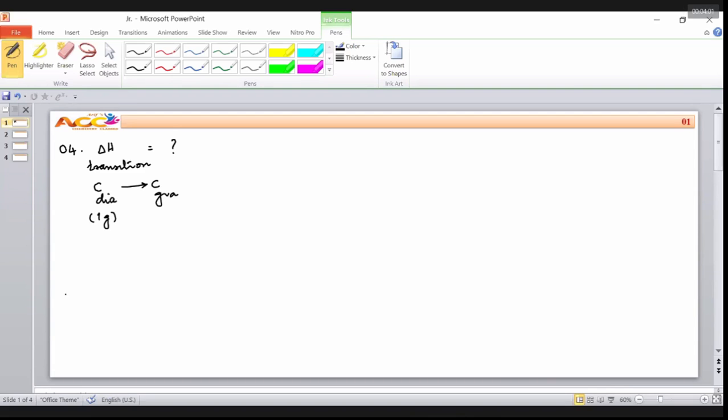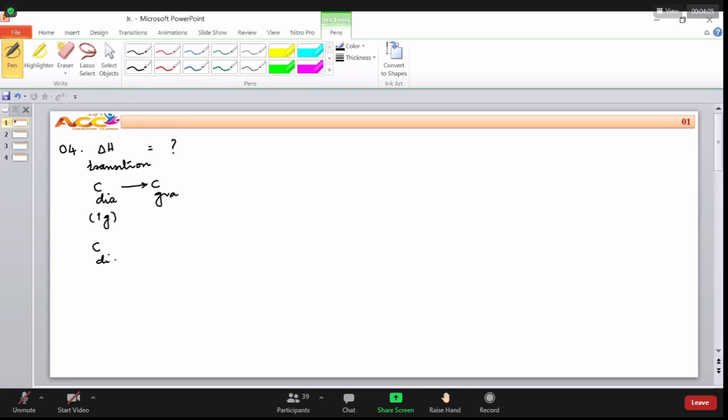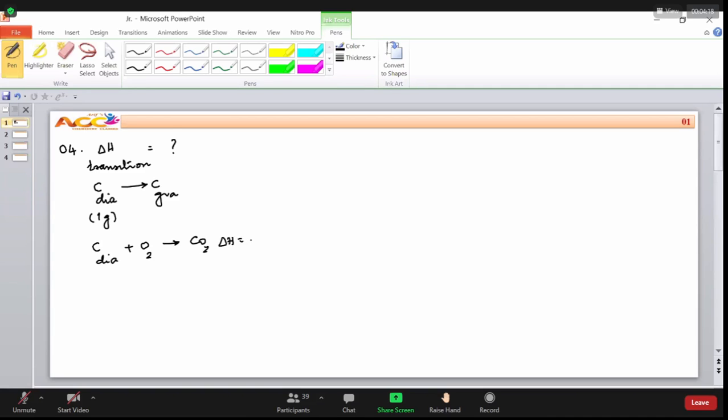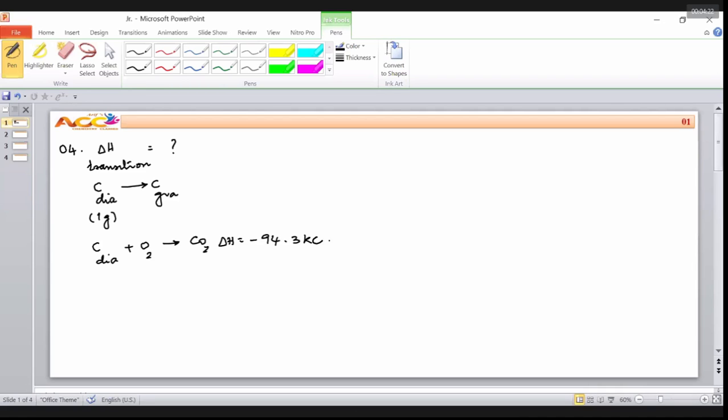Now, data is given to you something like this. Carbon, diamond plus oxygen gives you carbon dioxide, del H equals minus 94.3 kilocalories.